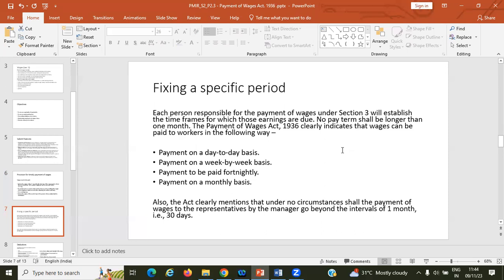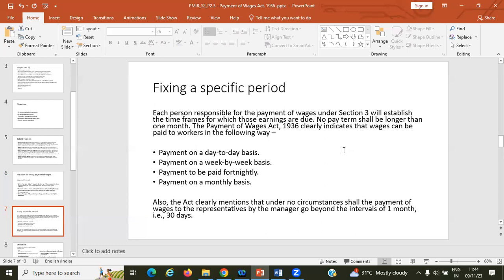That is the maximum period I was telling. So you cannot make the payment once in 2 months or once in 3 months or once in a year. It should be maximum 1 month.